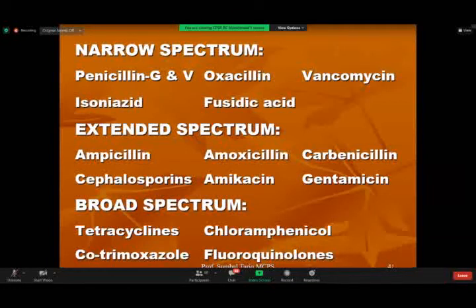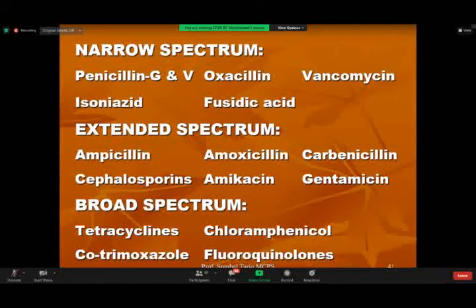Penicillinase जो resistant penicillin bacteria थे, वो उन्होंने क्योंकि produce करना शुरू कर दिया अपनी resistance बनाने के लिए, तो oxacillin came to the market. Then we have vancomycin, which is from another drug group. Isoniazid, the most commonly used drug, especially as an anti-TB, and fusidic acid, which is specifically used for topical infections.